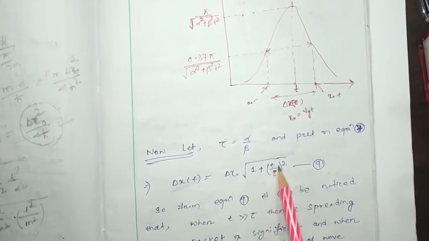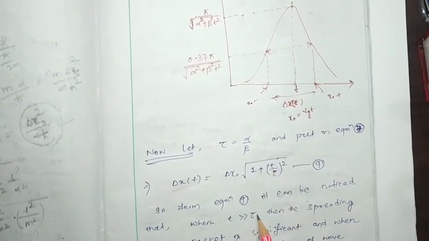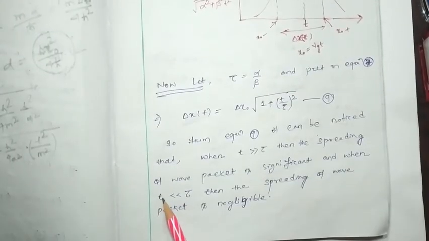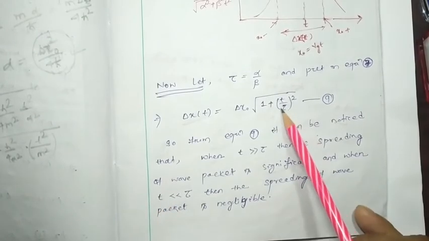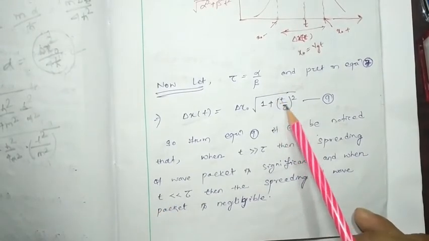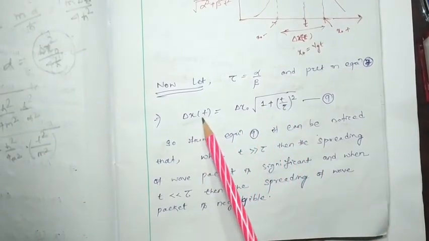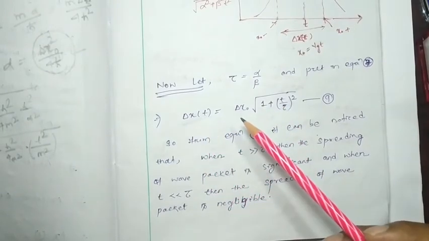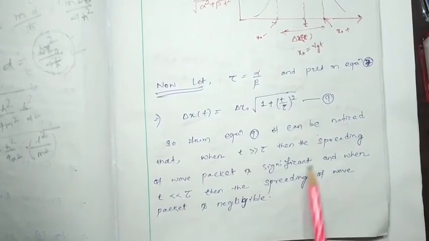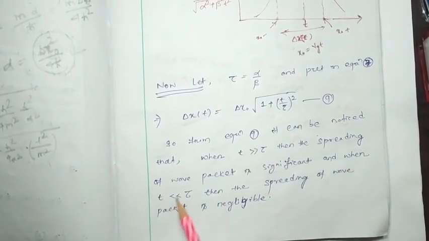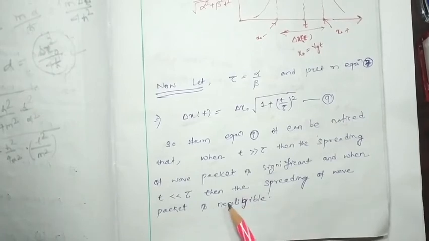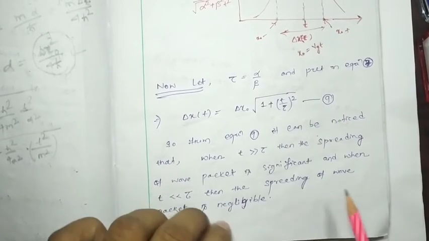But if tau is very large compared to t, then this factor will be very small. That means del x t is not going to change at all. So hence when t is very much less than tau, the spreading of the wave packet is negligible.